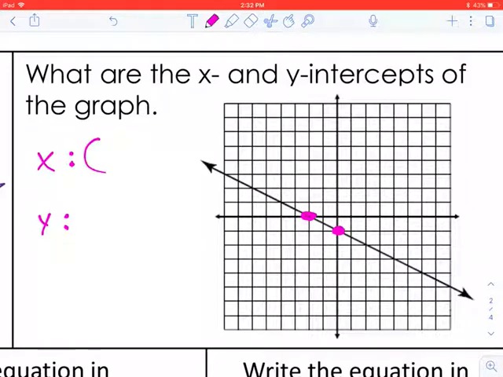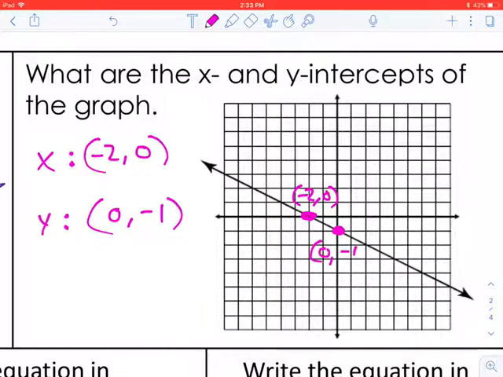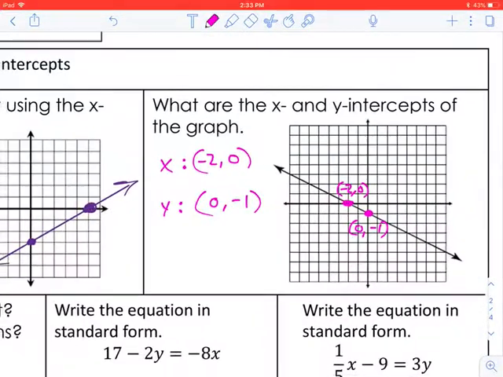Okay, so for the x value, I've got negative 2 for x, 0 for y. For the y-axis, I've got 0 for the x, negative 1 for the y. Okay, so we're actually writing down the actual point value, not just the x or y value. Okay, so that's something to think about on your test.